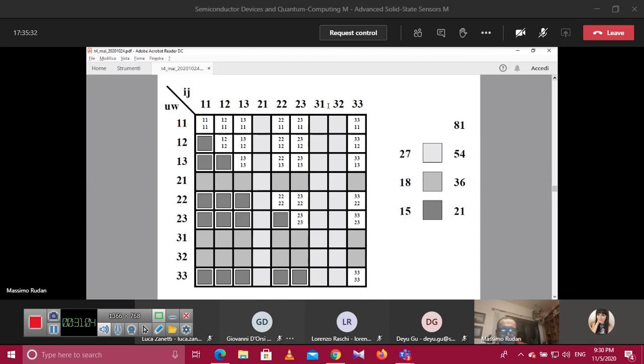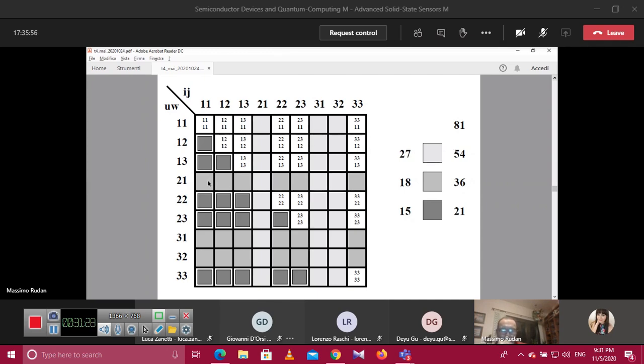So we eliminate the elements that are light gray, okay? And there are 3 columns of length 9. So we eliminate 27 light gray elements, and we are left with 54.